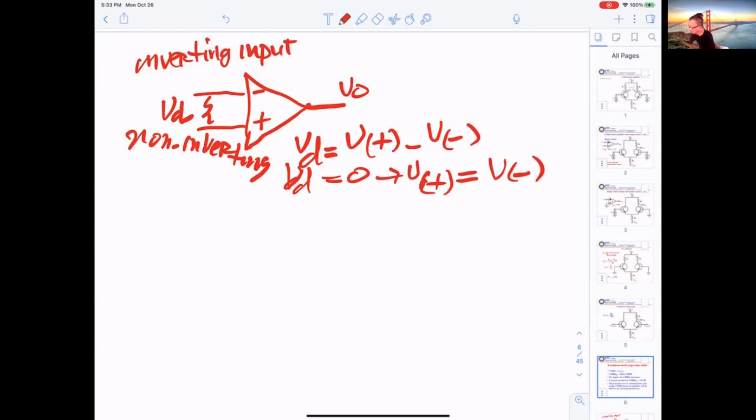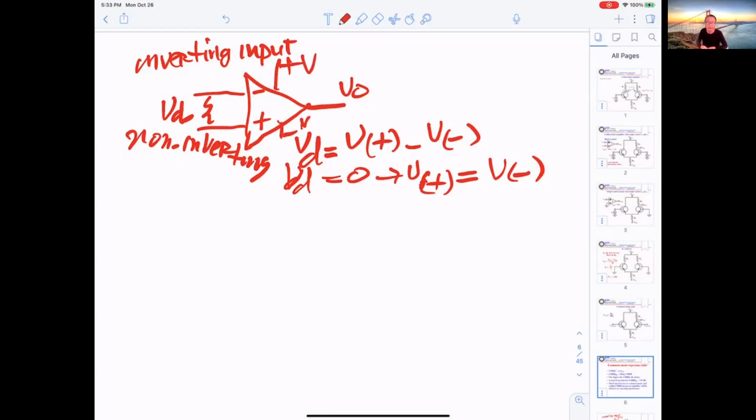Also, the op amp gets a power supply. One will be a plus voltage and another one will be a negative voltage. The power supply voltage to the op amp goes from plus minus 8 volt up to plus minus 38 volt.